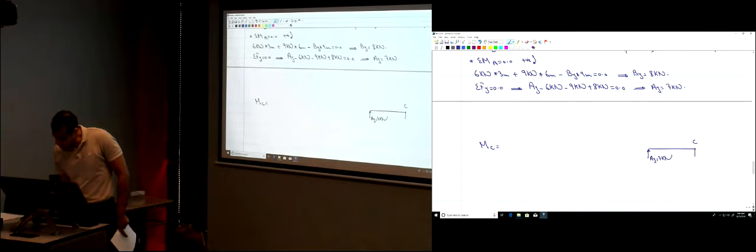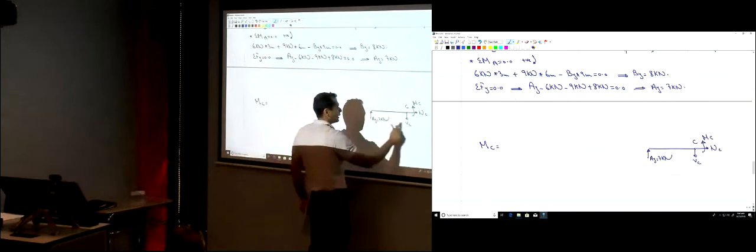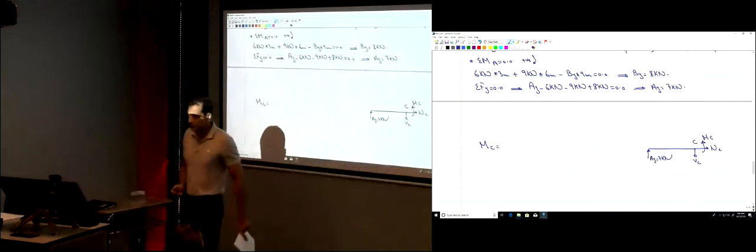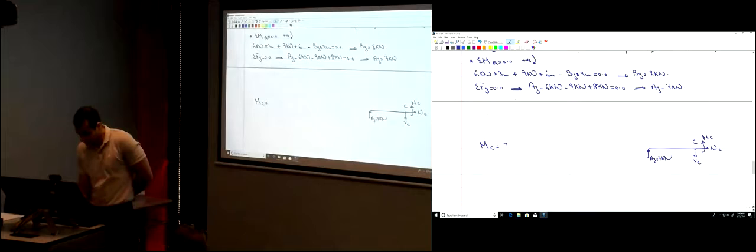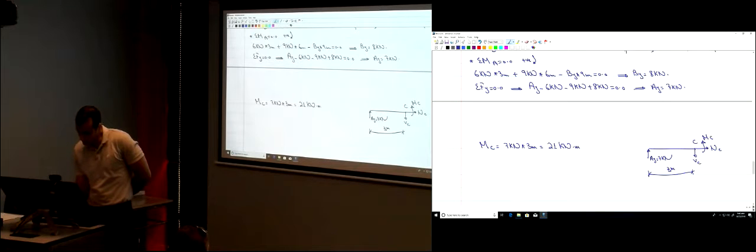If you take the section, then this is VC, NC, and MC. So MC is going to be equal, if you take moment here, AY times this distance, which is 3. So MC is 7 kilonewtons times 3 meters, so it's 21 kilonewton meters.